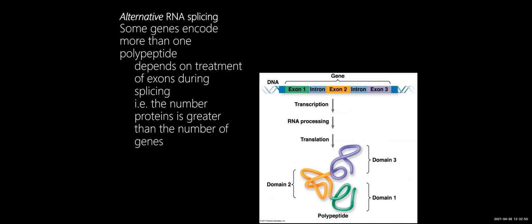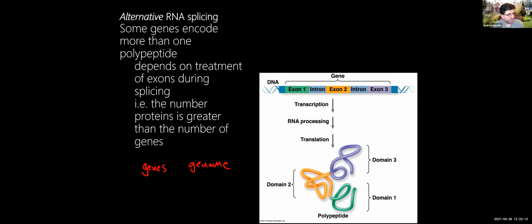Okay, here's RNA splicing. You can see the different domains, right? Same idea there. So the number of genes we have, when we talk about all our genes, we talk about our genome.